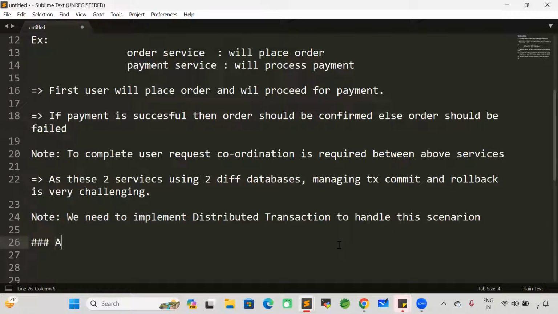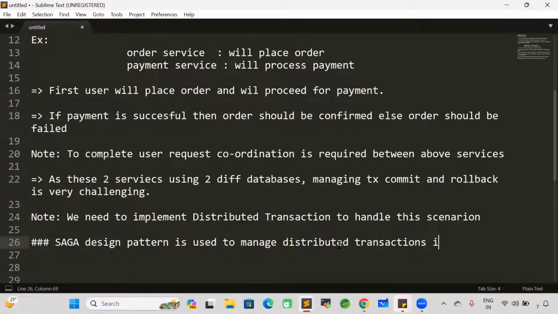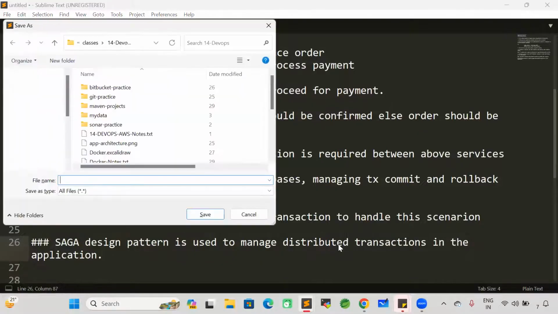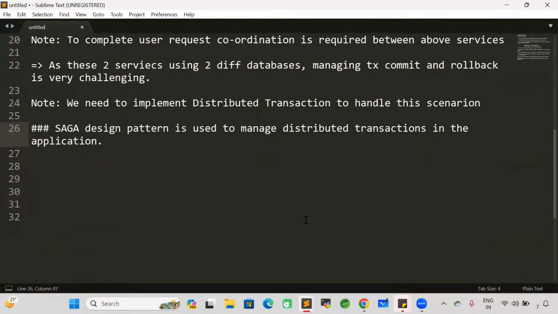SAGA design pattern is used to simplify distributed transaction management in the application. What is that?